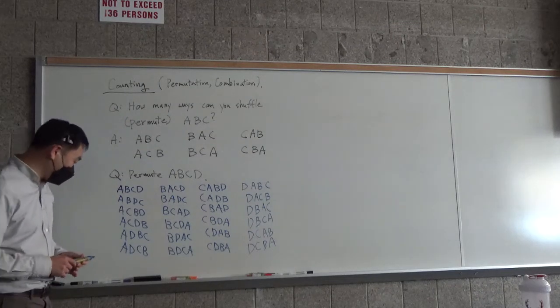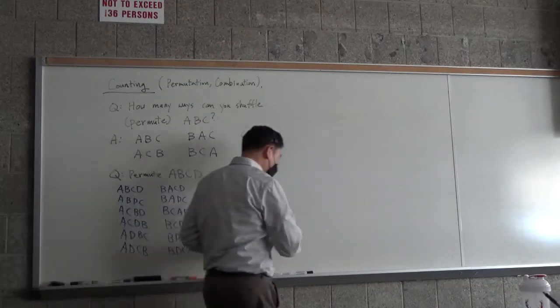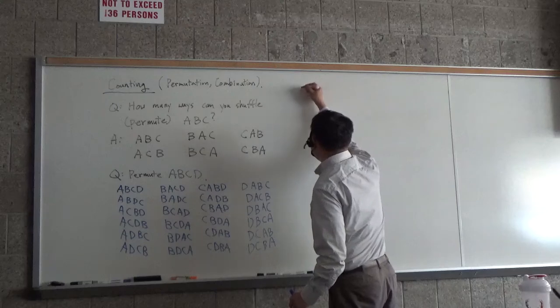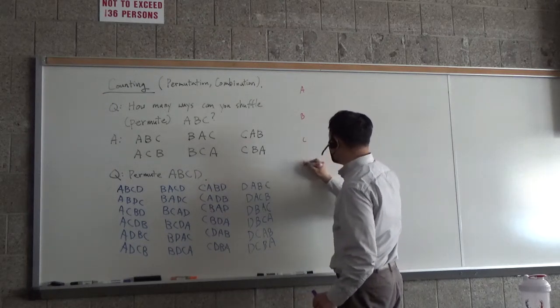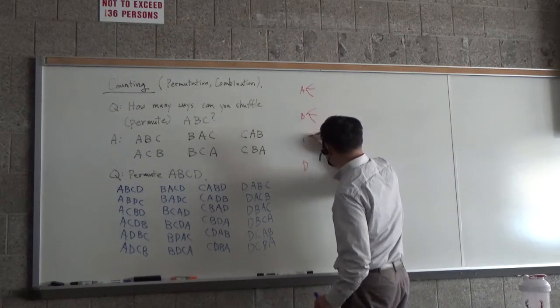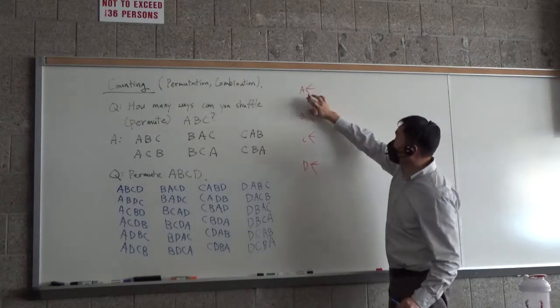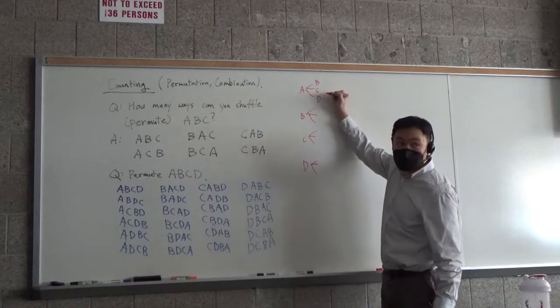Secondly, there's another way to get it, which is by making use of a tree structure. You could start with A, or B, or C, or D, and then you have three choices if you start with A. You could start with B or C or D, right?